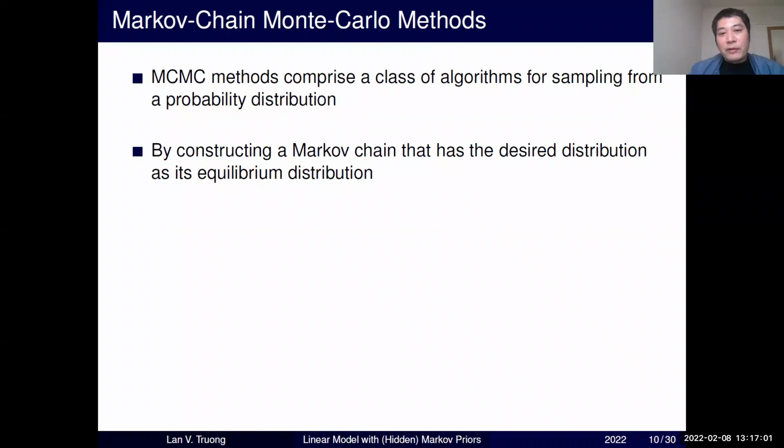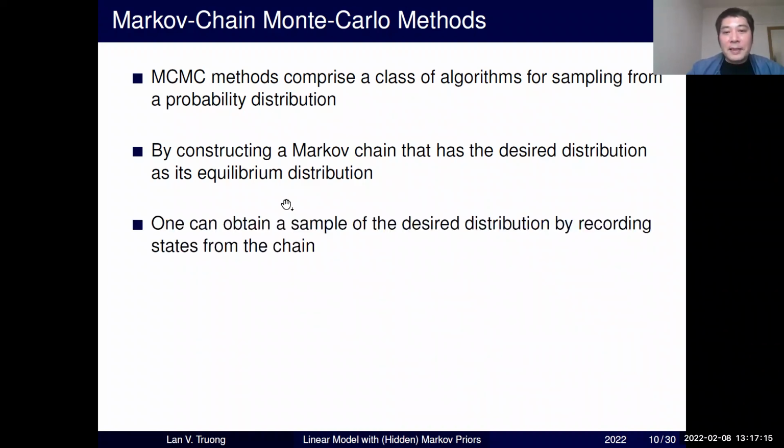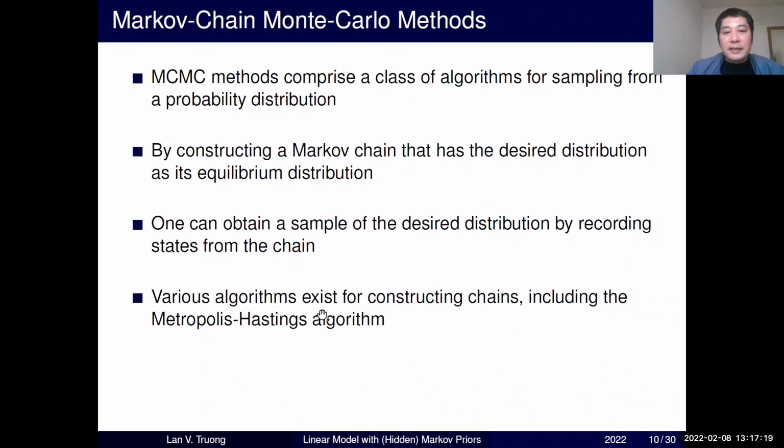The way that we sample is that we construct a Markov chain such that this Markov chain has a stationary distribution that coincides with the probability distribution that we would like to sample. And then we take samples of this Markov chain.